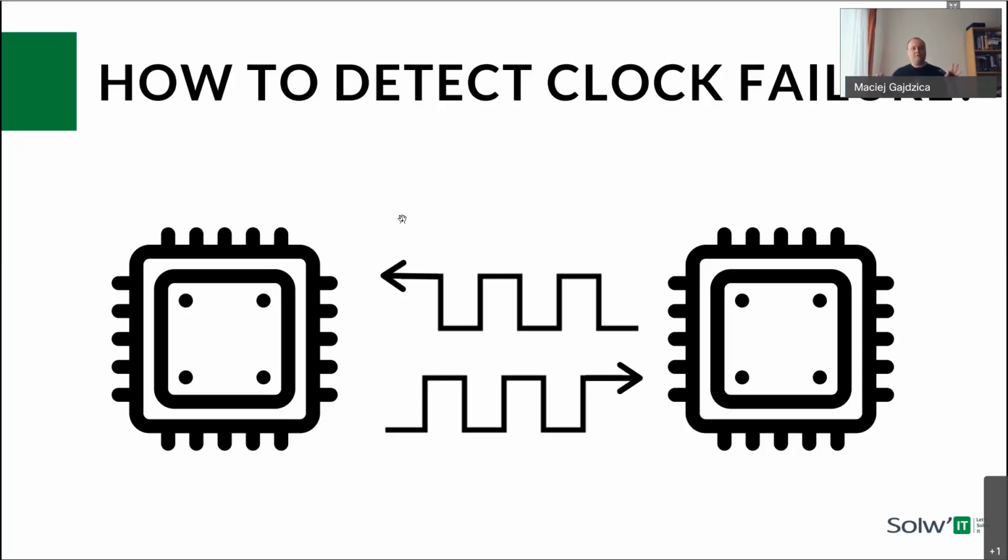So we can have two processors that are doing basically the same, and they are sending each other a square wave. And this square wave has some predefined timing constraints. So we know for how long the low signal and the high signal should take. And if we measure the signal that we are receiving from the other processor, and we see that this timing is not fulfilled, we have two possibilities.